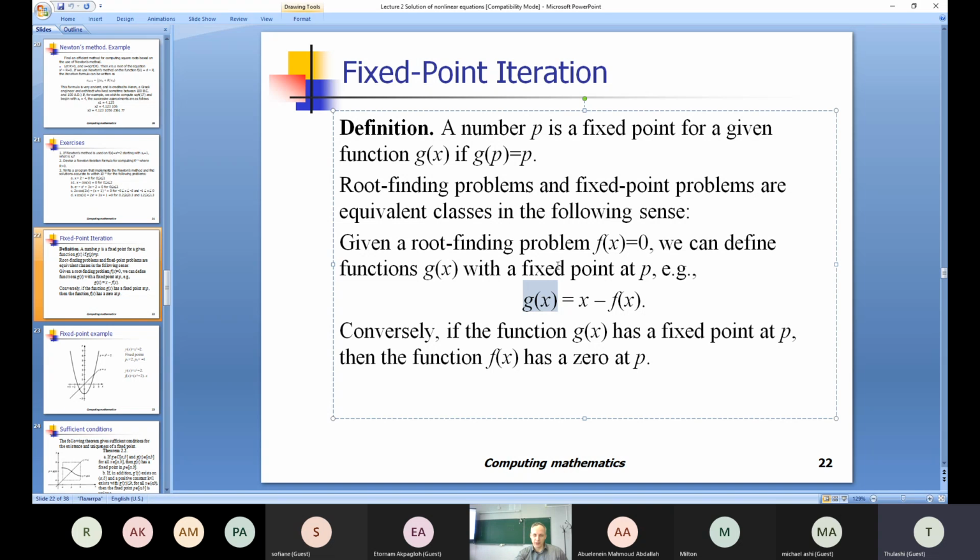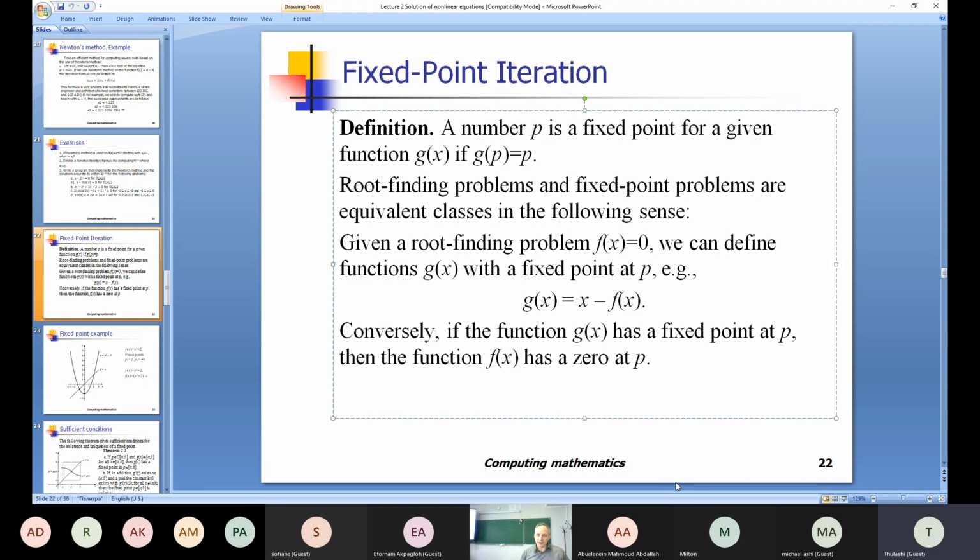Again, I repeat, suppose we want to solve a problem, we want to find the root of the equation f of x equals 0. We can reformulate this problem and try to find a fixed point for the function g of x, where g of x equals x minus f of x.